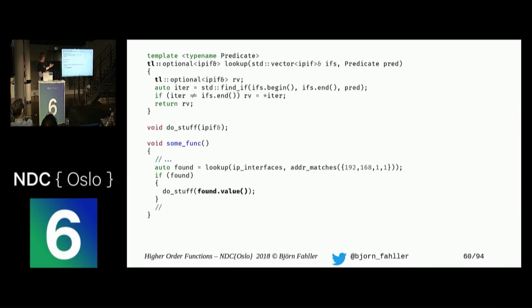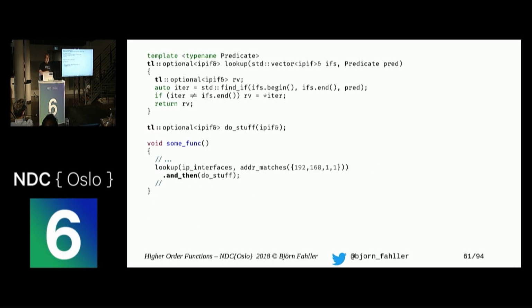So instead of doing this, where I'm having this if statement to decide whether I want to do something or not, I can say, look up this and then do stuff. The disadvantage is that the do stuff must now return an optional, but that is a very small price to pay for this convenience.